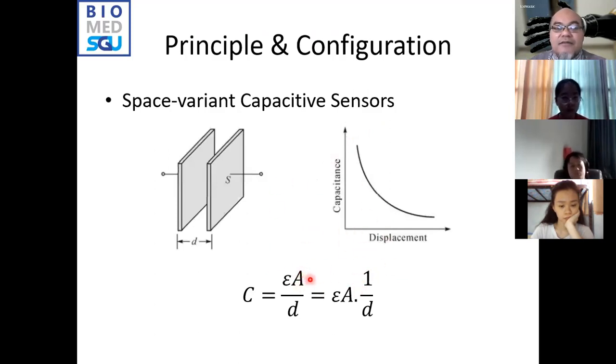And this is when we vary the distance between the two plates. So the capacitance change is nonlinear, something like this, because it is proportional to the inverse of the distance.